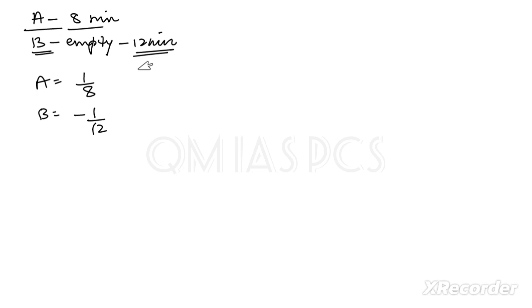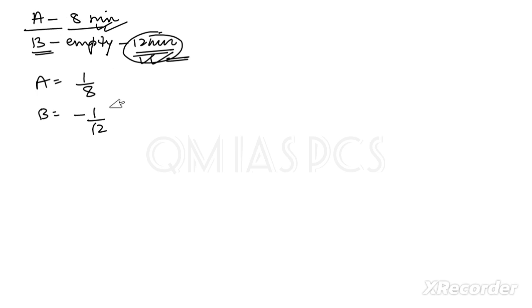One more important thing: the time of B should be more than that of A. If the efficiency of B is more than A, then how can the tank be filled? Whatever water is getting into the tank is going outside, so it is impossible to fill the tank. The efficiency should be less than that of the pipe which fills the tank.